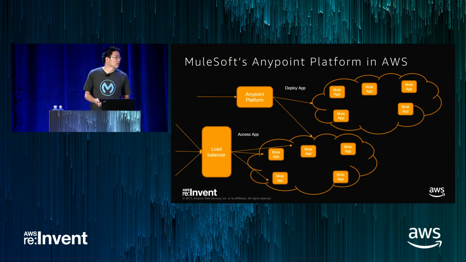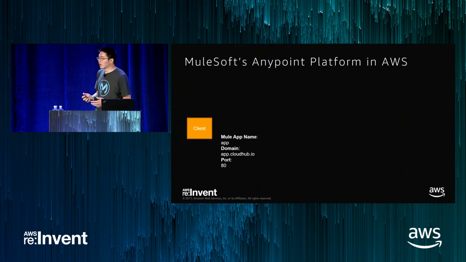So where are the DNS operations in this architecture? The Anypoint Platform Management Center is responsible for creating all the DNS records for all those Mule applications. And our load balancer and our customers are the consumers of those DNS records. For example, our customer can use the management center to create a Mule application named app.